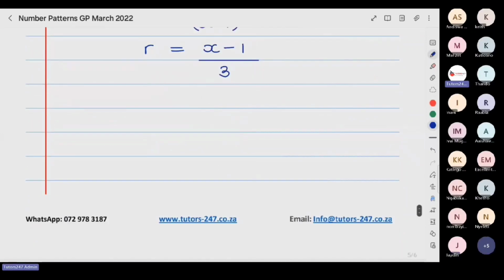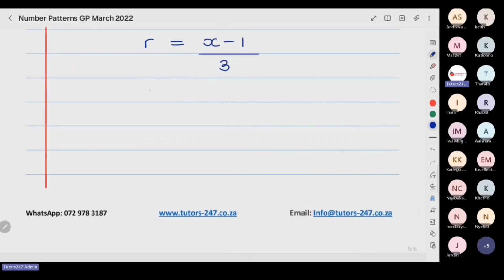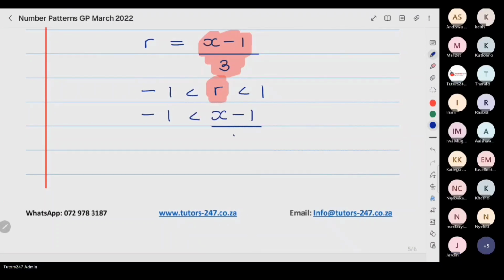So we know that our convergent geometric condition is -1 less than r less than 1. From here, we substitute the value of r, and we end up with -1 less than (x minus 1) all over 3 less than 1. Now, keep in mind we need to solve for x, right? So how do we solve for x from here? What do we do?